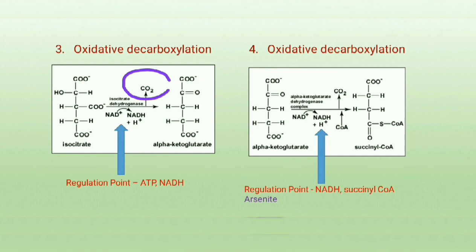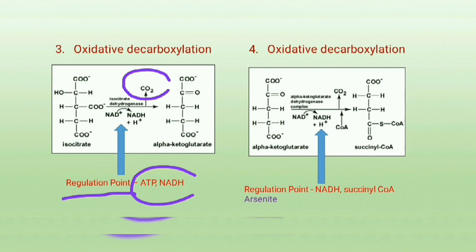And this enzyme is also a regulating point next to that of our citrate synthase, the very first reaction. And this can also be regulated by the levels of ATP and NADH.